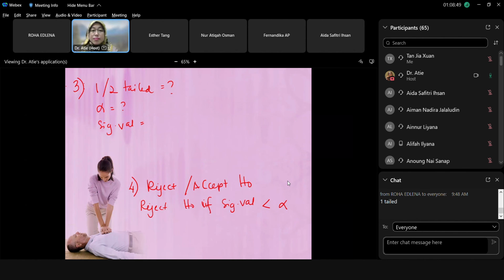Because HA is greater than. It's one tail because it's greater than. So is it going to be on the right or left tail? On the right, okay. So you need to imagine that your rejection region should be on the right, because it is greater than.